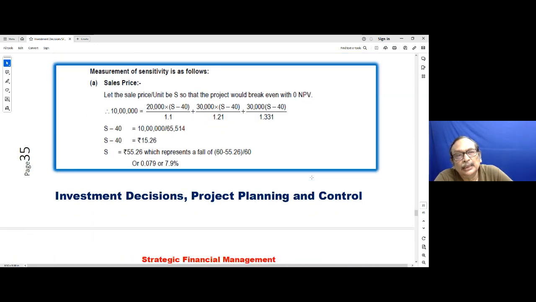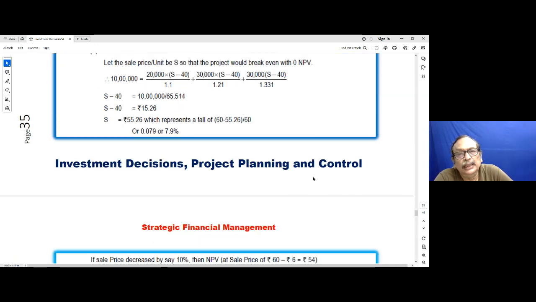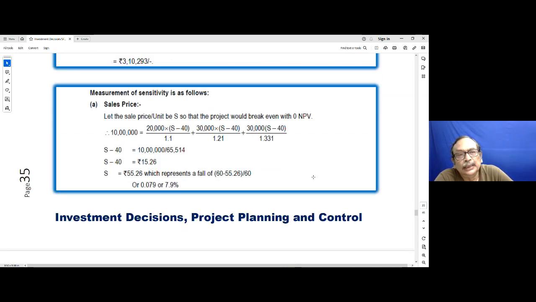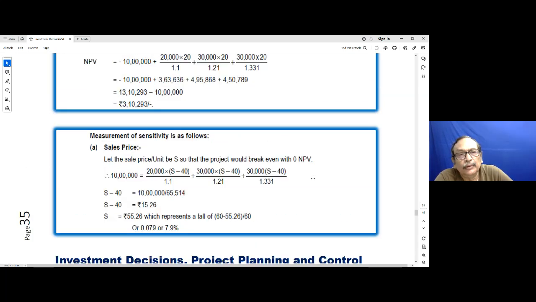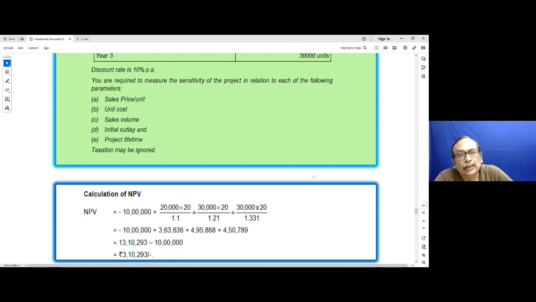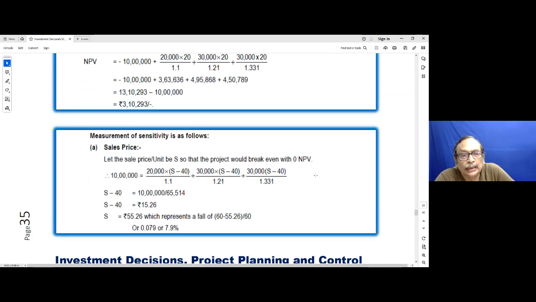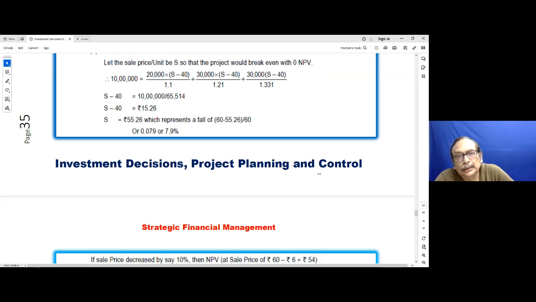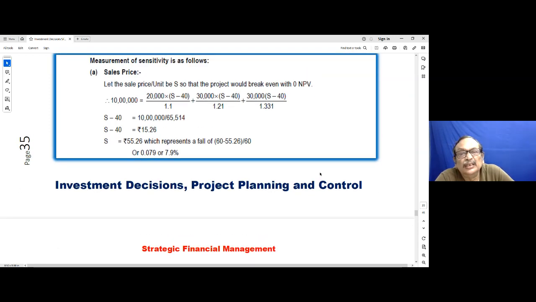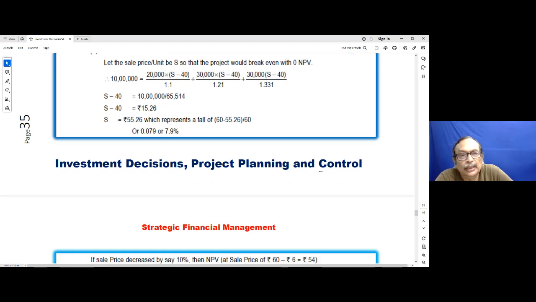Selling price, the sensitivity is 7.9%. That is, if the question arises, you are required to measure the sensitivity of the project in relation to each of the following: selling price per unit. Let the sale price per unit be S, so that the project will break even with zero NPV.